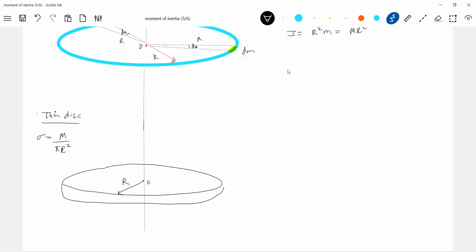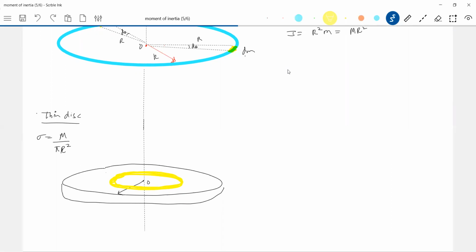Okay, now how to get that one? So shall I assume that the thin disk is made up of rings? I'll assume that this thin disk is made up of a ring. So here I'll assume a distance r.